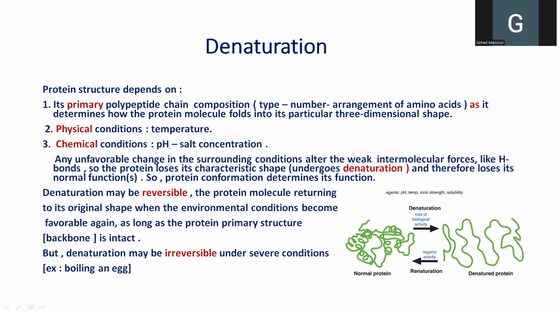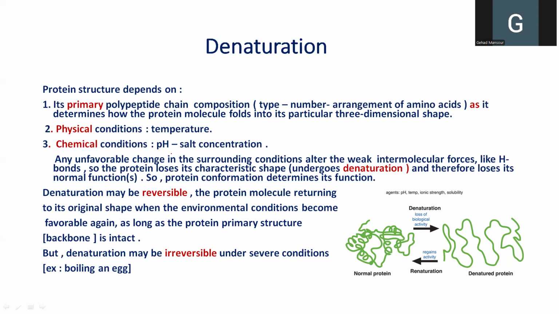And now we move on to what we call denaturation. What is denaturation? Denaturation means that the protein changes its conformation. Let's first revise together what protein structure depends on.